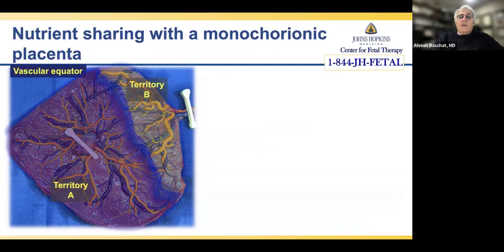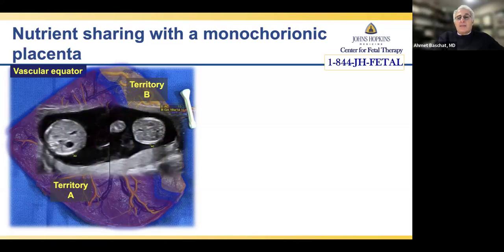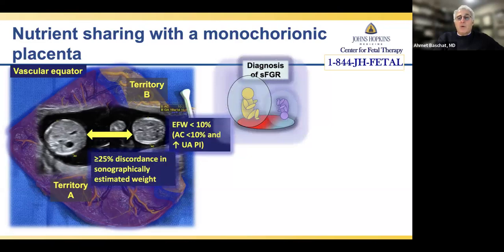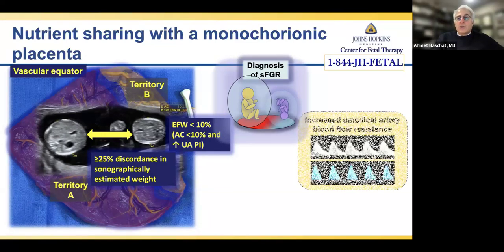Now, if the connecting points between these shared cotyledons are not centrally on the placenta, then one baby has access to a smaller portion of the placenta. And the baby that has access to a smaller nutrient providing territory is at risk for being smaller. And when these size discordances meet a threshold of being over 25%, or one baby has a smaller estimated fetal weight than the 10th percentile, then this constitutes the diagnosis of selective fetal growth restriction, which is basically unequal nutrient sharing.